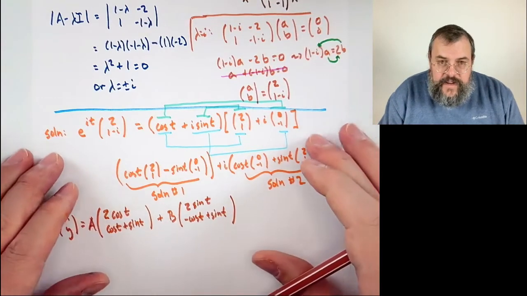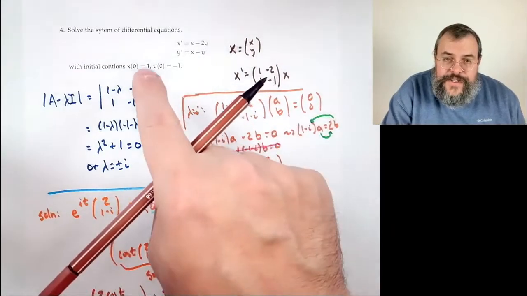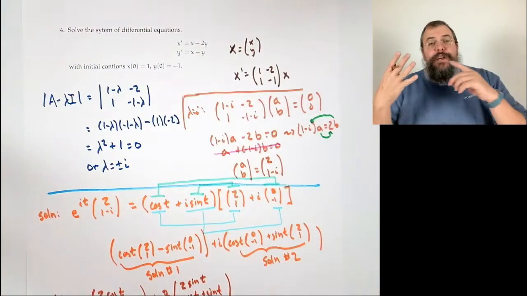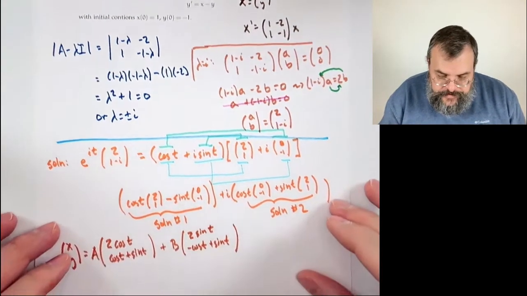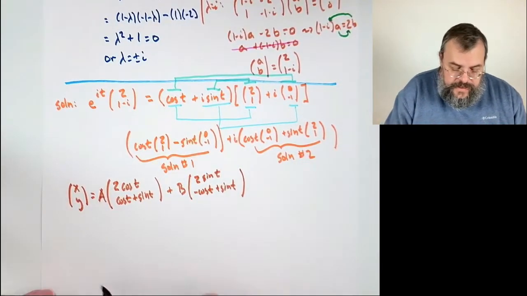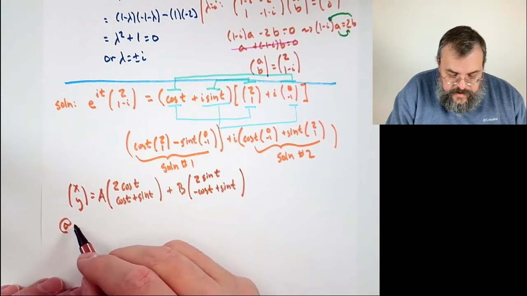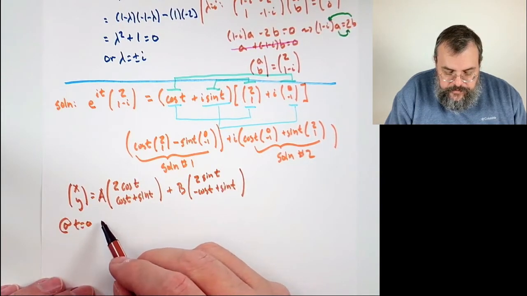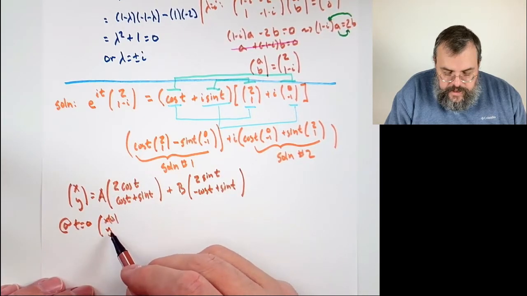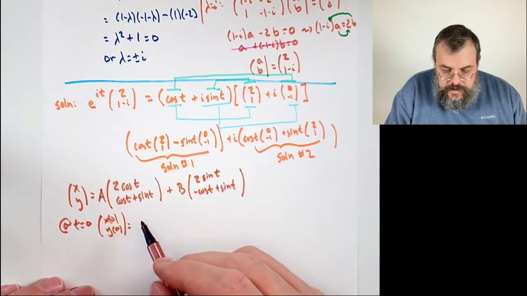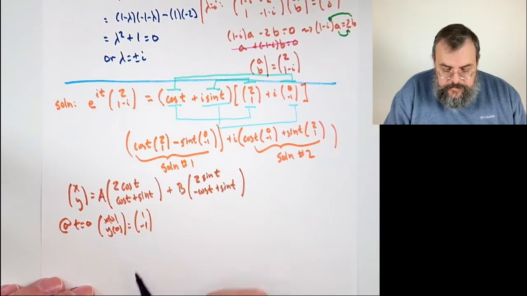And now we come back and say, there are initial conditions. So when we plug in 0, x will be 1, y will be negative 1. So at t equals 0, we have (x of 0, y of 0) is (1, minus 1).